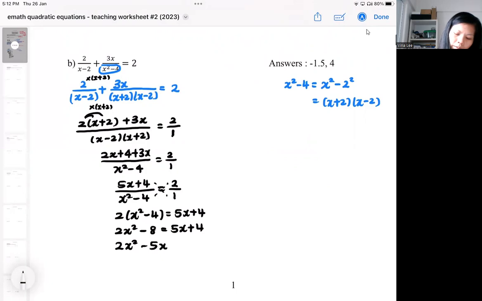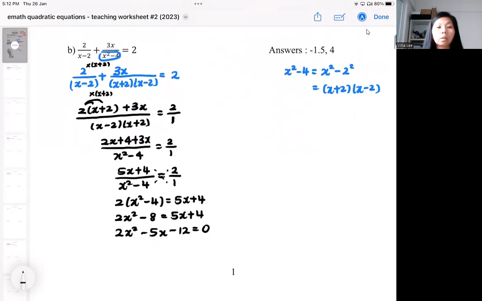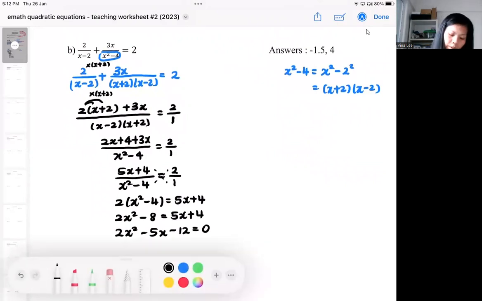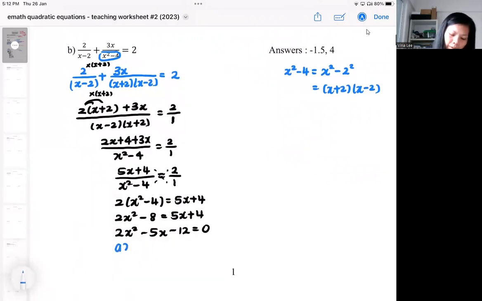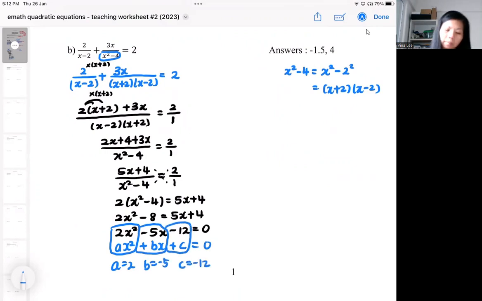As you are doing this cross multiplication, it should lead you back to a quadratic format. If you see the quadratic format again, you try to get your A, your B, and your C, and then you apply them into your formula.